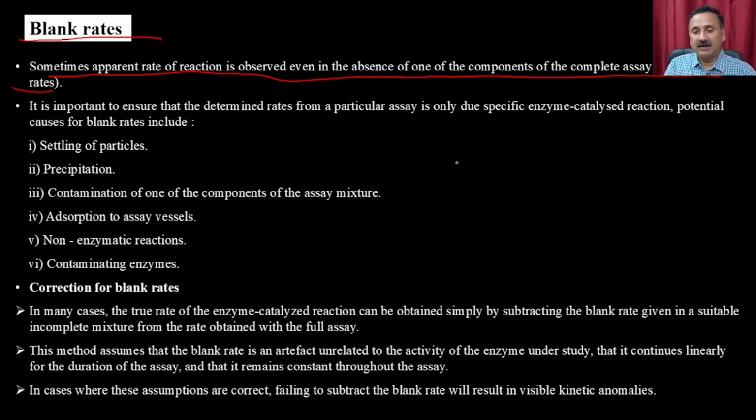Blank rates are very important because they decide what your final rates of the enzyme would be. If the blank rates are very high, for example if I am getting an OD of 0.8 or 0.9, then your sensitivity will be very low.